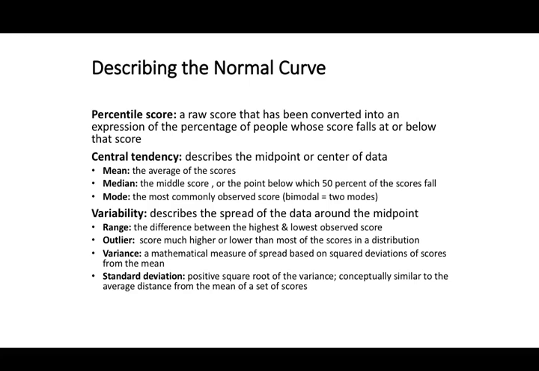The mean is the average, the median is the middle score. Sometimes they are the same or relatively similar. Depending on where you have some skewing going on, your mean and median will differ.